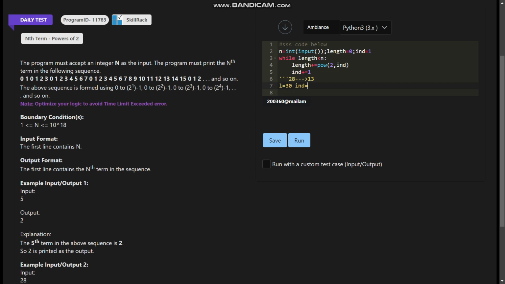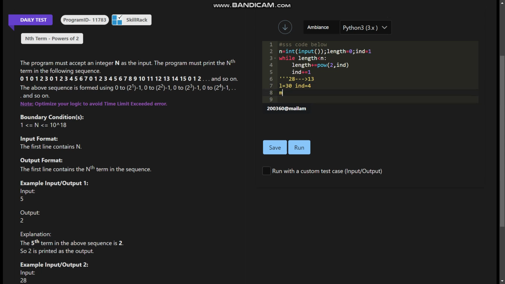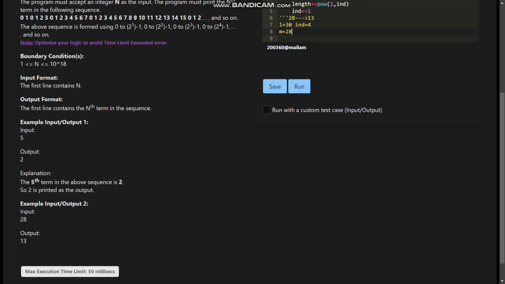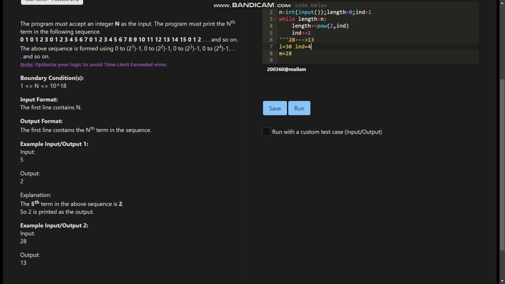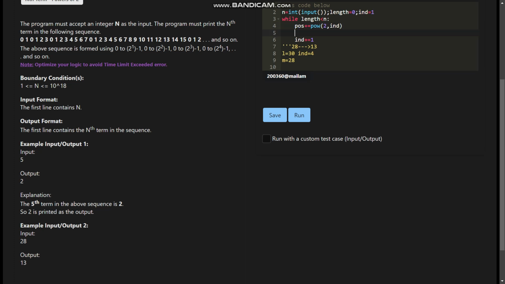So the length is now 30, and the index is what? 2 power 4 gives 16, so the index is 4 and the n value is 28. Now let's understand this. I assign a variable position to the 2 power, at which power it is there.